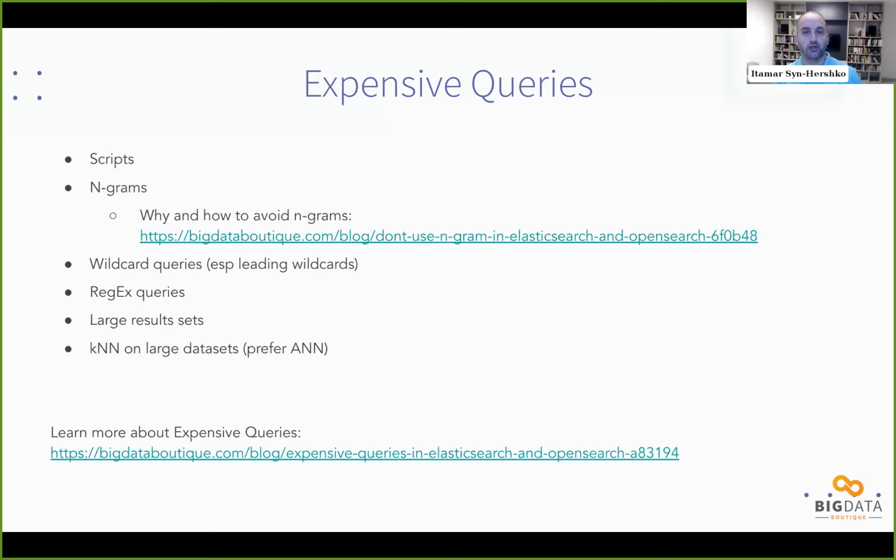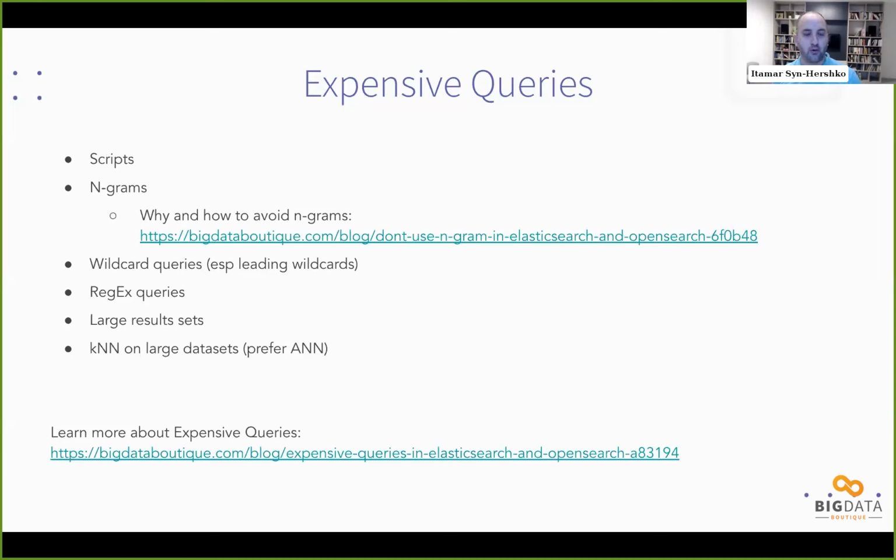It's here again just because of how severe the misuse of them is in the wild. Script queries will run a full table scan, and there's usually a good way to avoid that. I would also mention the rescore query, which can sometimes be used where heavy scripts or scoring algorithms need to run. That could be used to minimize the amount of work that you do, even if you have to do it.